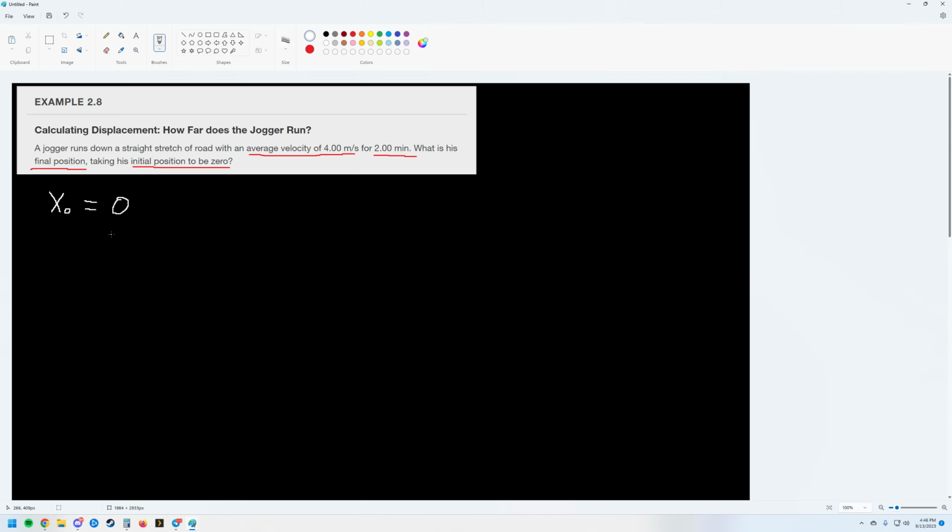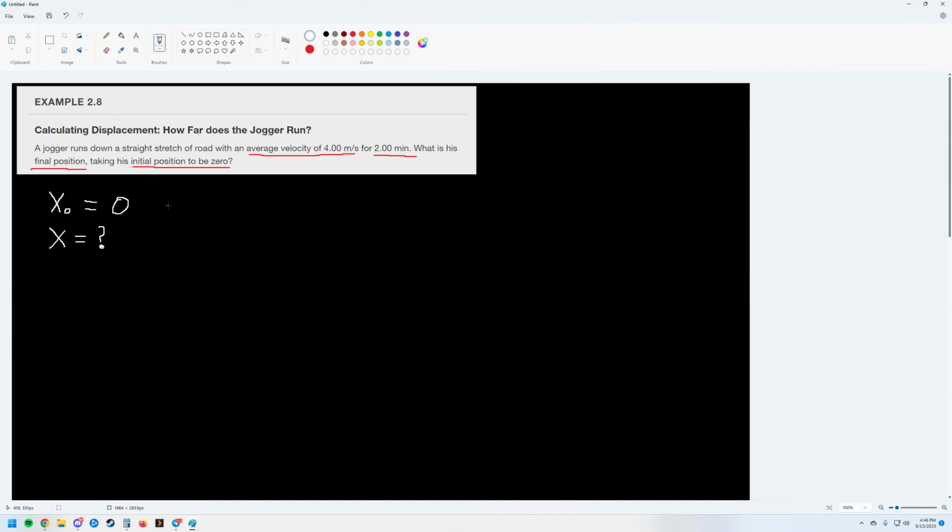Easy peasy. The final position is just x. Some people have written xf before, but we're just going to write x for his final position, which we're trying to figure out.